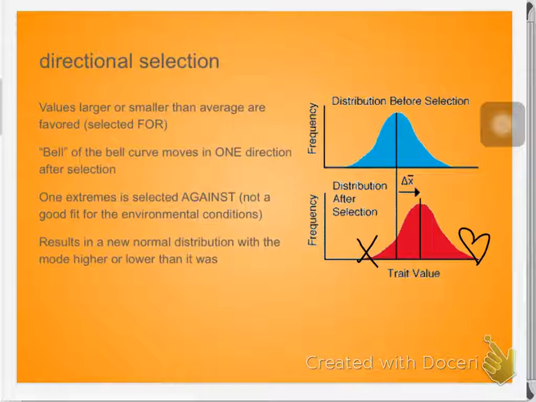So you end up with a normal distribution after a while, but it shifts, either upward or downward. And this can operate in either direction, I should say. So this is where, over time, the traits in the population shift towards one extreme.